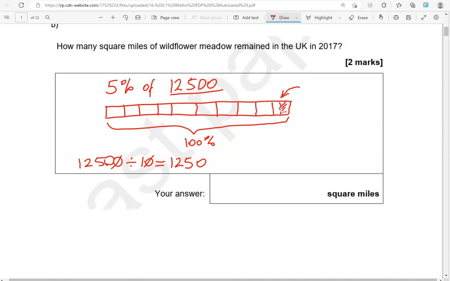So what I need to do is divide 1,250 by 2. So how many 2's fit into 12? That is exactly 6. How many 2's into 5? That is 2, and we have 1 remaining. How many 2's into 10? That is exactly 5. So 5% of 12,500 is equal to 625.